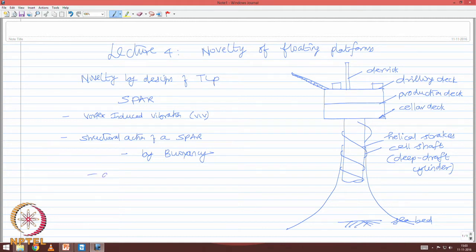It has got essentially a deep draft floating caisson, which is nothing but this, which is essentially a hollow cylinder. It is similar to a large buoy.